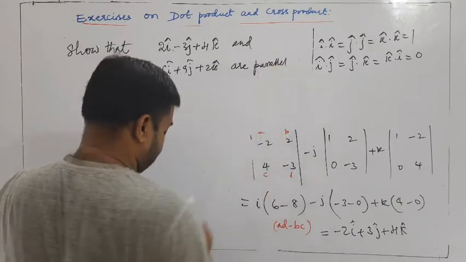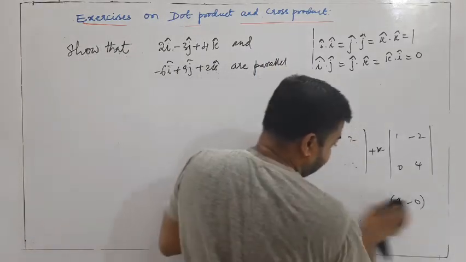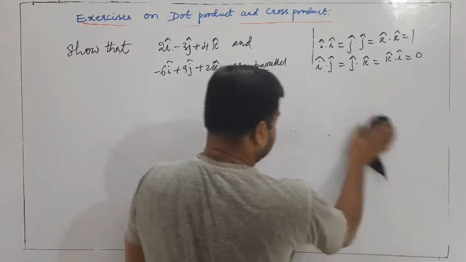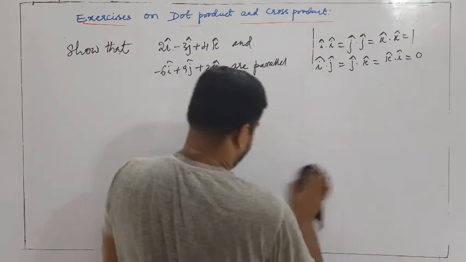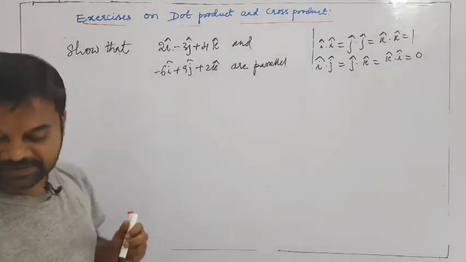In the previous question you had to prove it perpendicular. When two vectors are perpendicular, their dot product is 0.